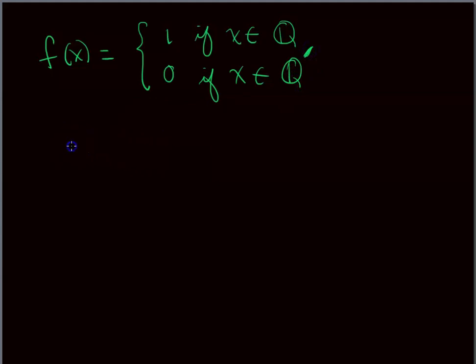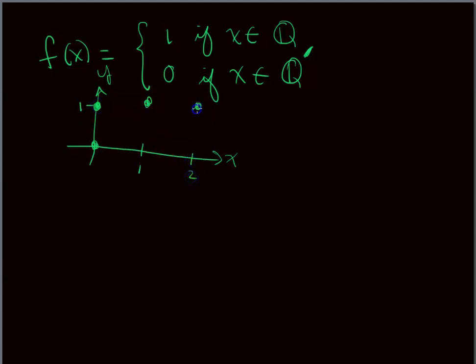So if you're looking at a function, and here's your x and here's your y, and you go along and you say, okay, 0 is a rational number, so it should be 1. Even 1 is a rational number, so it should be 1. I'm sorry, I put a dot down here. It should be up here. 2 is a rational number.